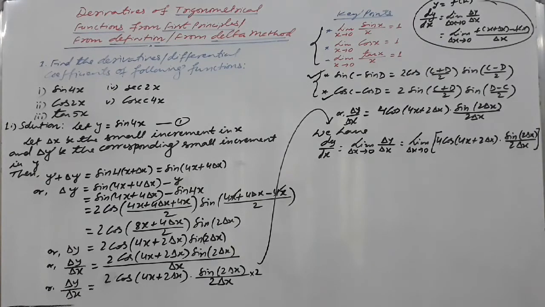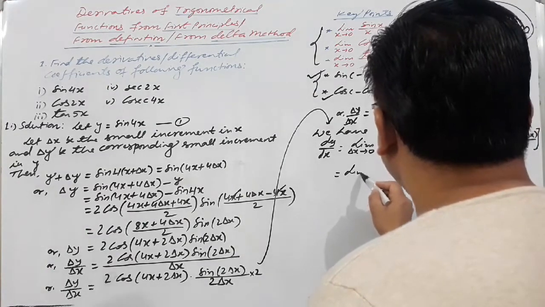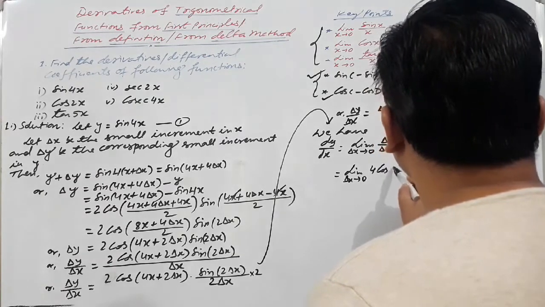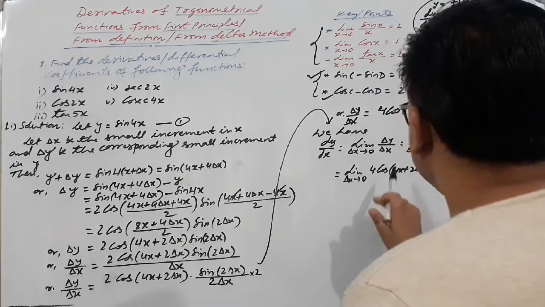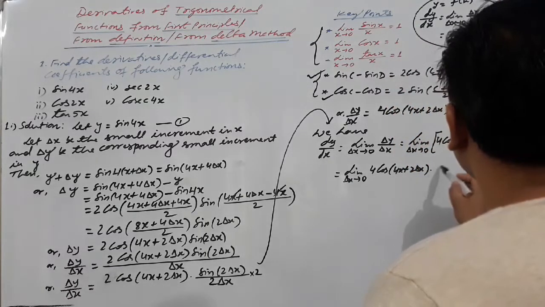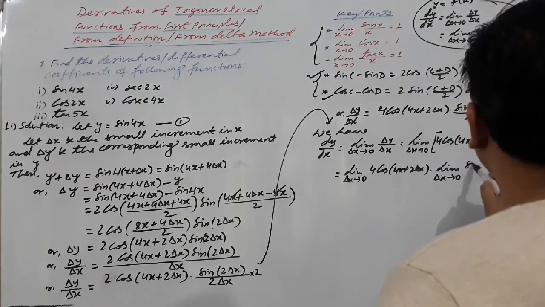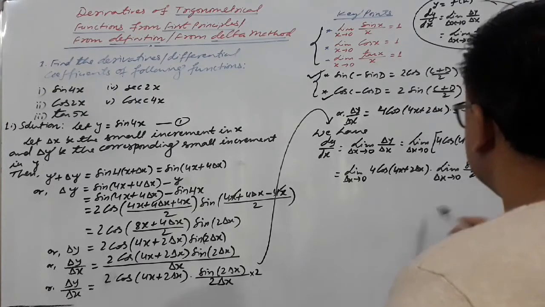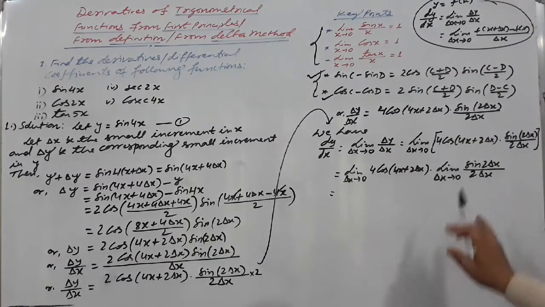I don't think you have any problem here. Now I'm writing separately: limit delta x tends to 0 of 4 cos 4x plus 2 delta x. 4 is a coefficient, we may write it outside also, and limit delta x tends to 0 of sine of 2 delta x over 2 delta x. Now this is purely a question of limits.